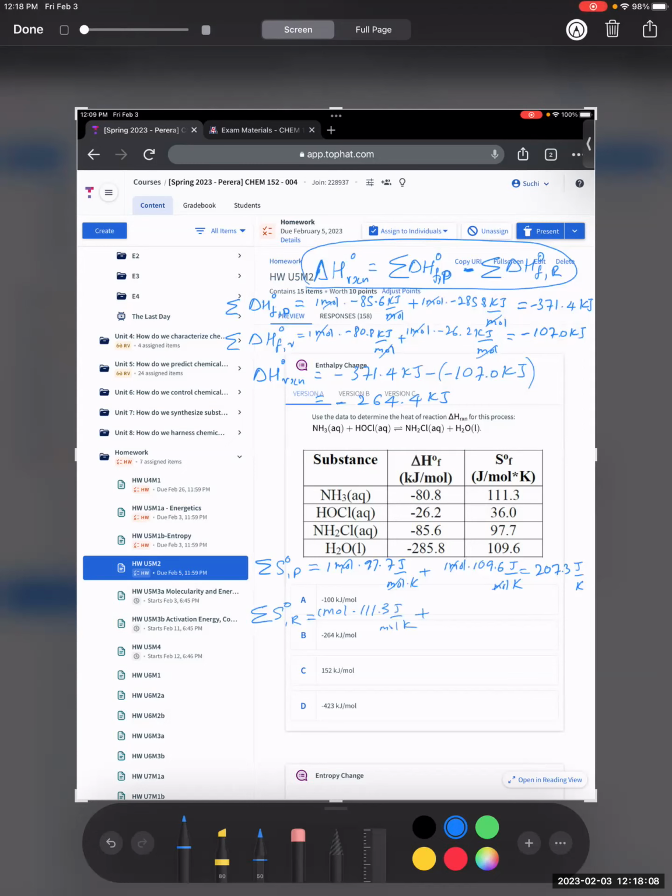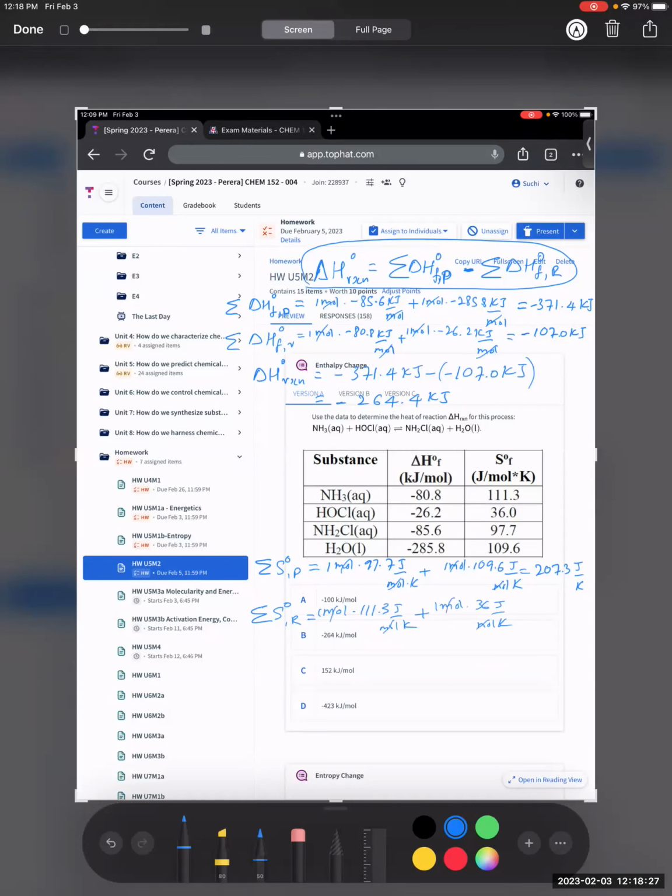To that we need to add 1 mole of HOCl, with a molar entropy of 36, a nice round number there, joules per mole per Kelvin. Again, moles cancel out.